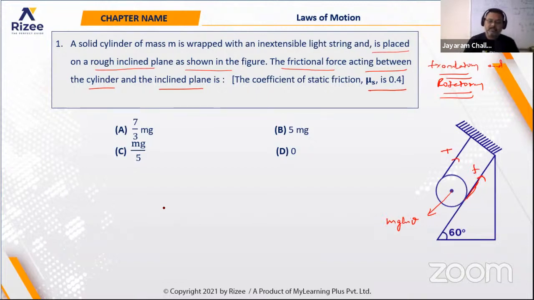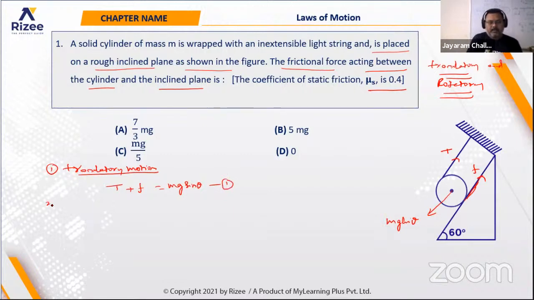Under the equilibrium conditions, I'm writing the first one, the translatory equation. The upward forces, the tension and friction, are balanced by the downward portion mg sine theta. This will be your first equation.